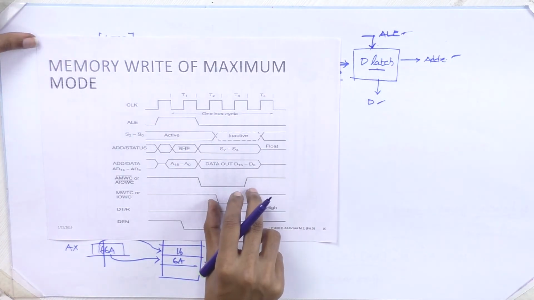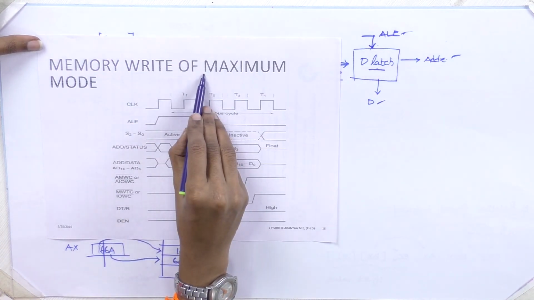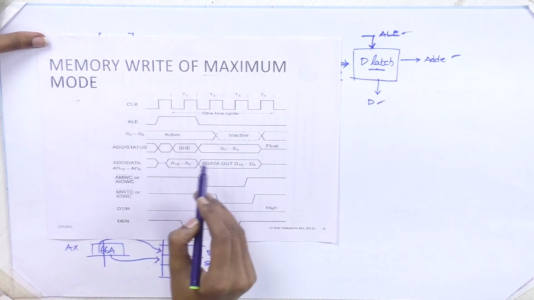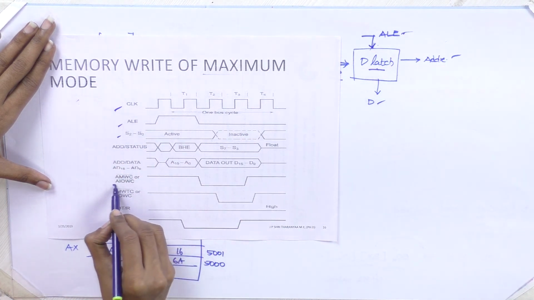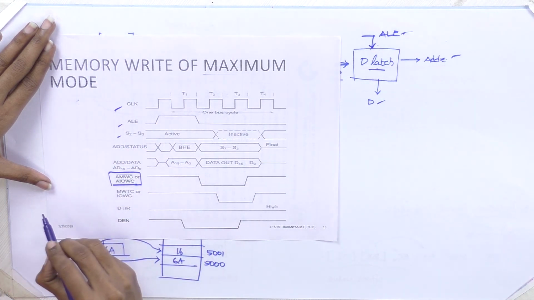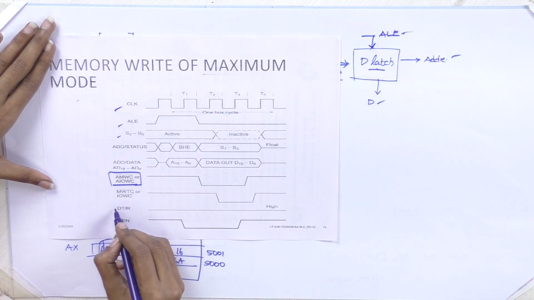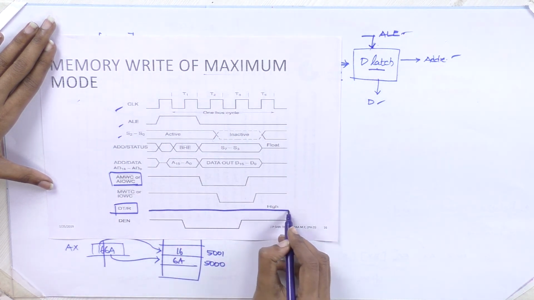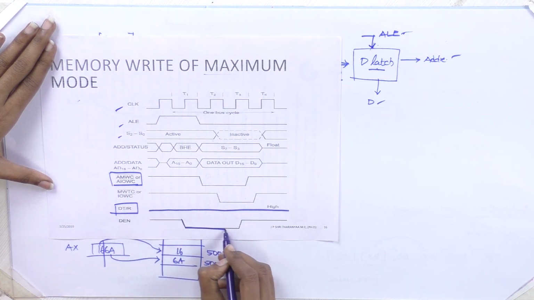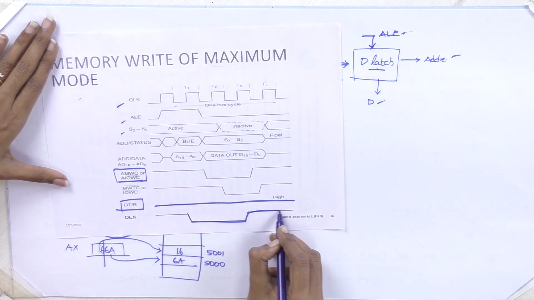Now we will see the memory write cycle timing diagram of maximum mode. Everything will be the same. The difference is here you have to give write. In the write cycle you are transmitting the data, so DT/R should be high. Data should be enabled while you are performing the write operation.